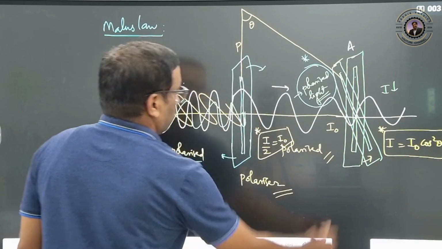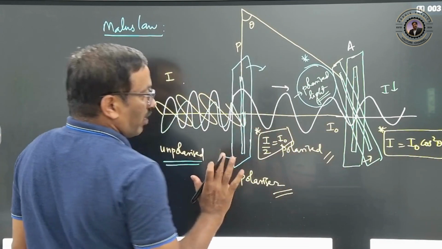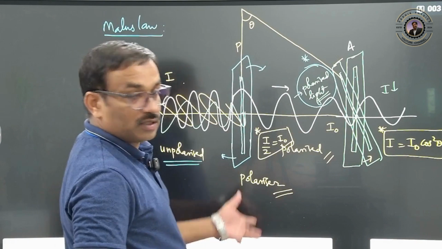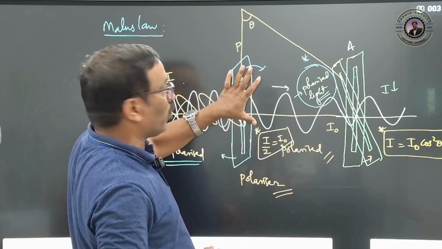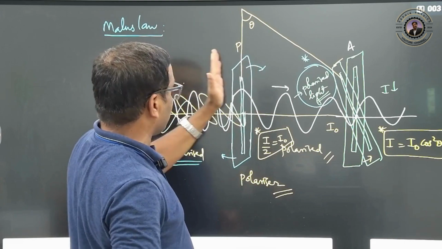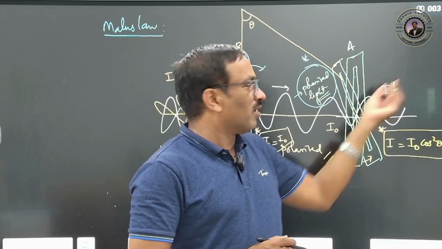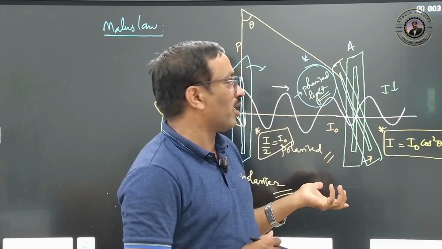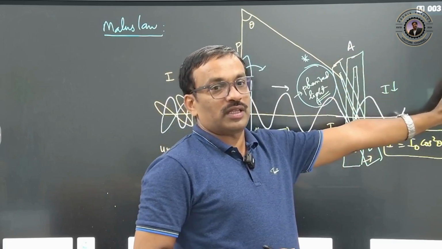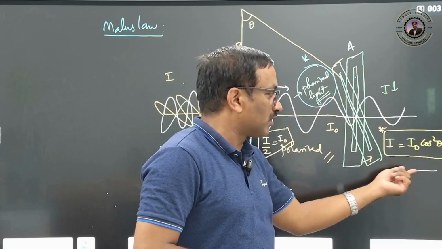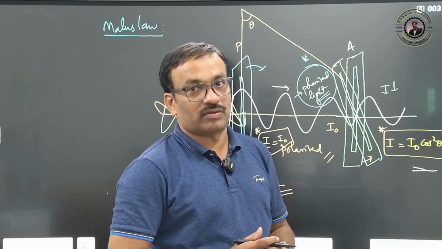Clear? So first, the first polarizer is there, and the intensity coming out will be half. Next, how many polarizers are there? Analyzer is nothing but one more polaroid only. However many polarizers there are, that many times you have to apply this formula, right?